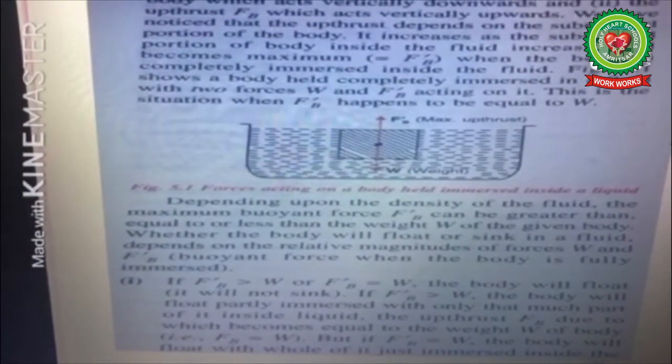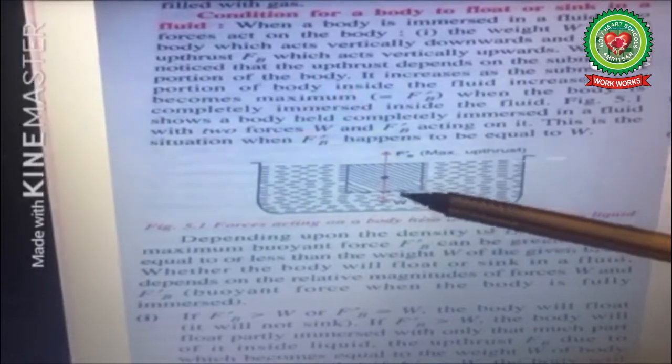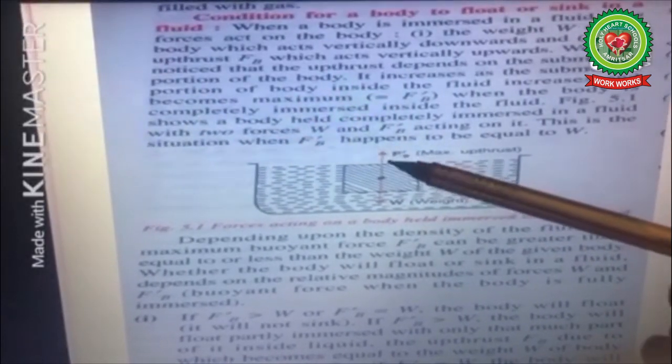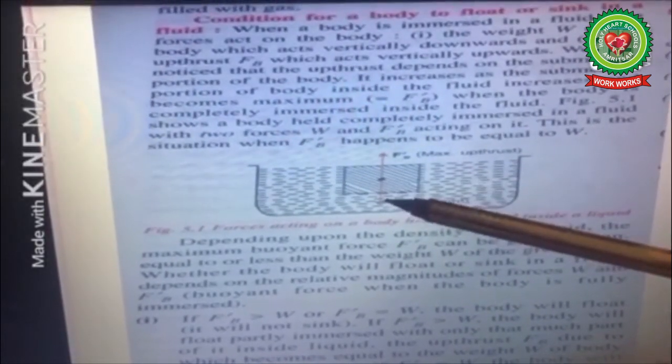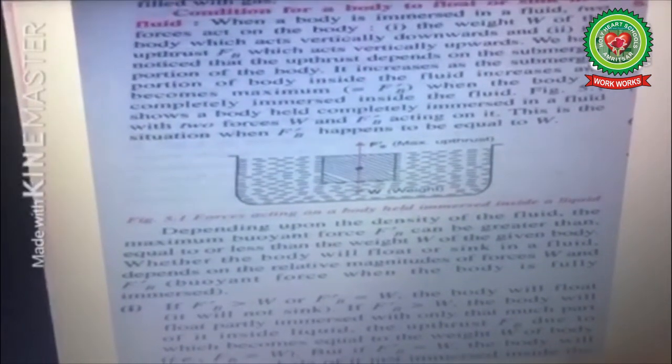Now, my dear children, if the weight of the body is more than the upthrust, that means if this downward force is greater than this upward force, the body will sink in the liquid. And if this upward force is greater than this downward force, the body will not sink in the liquid, it will float.